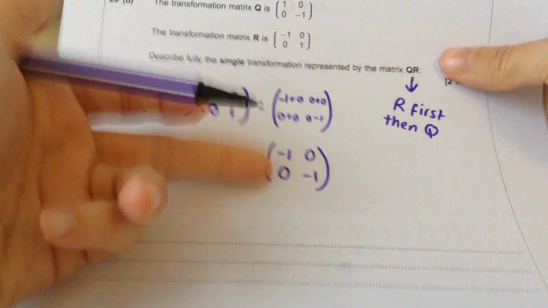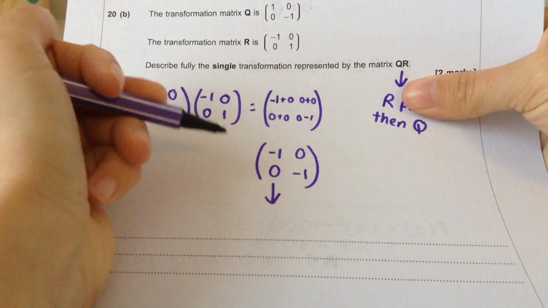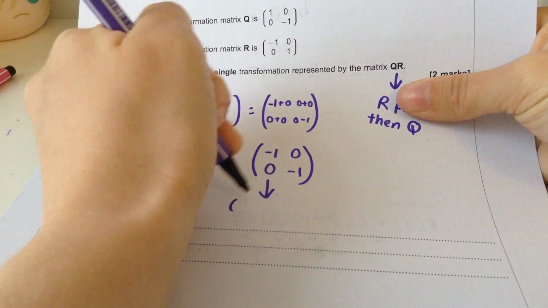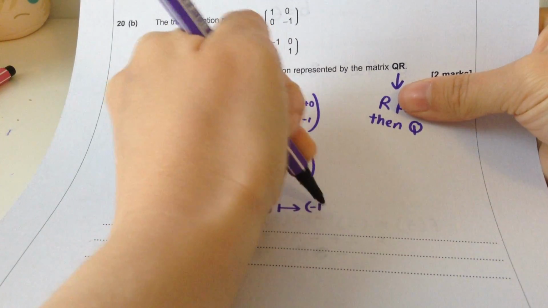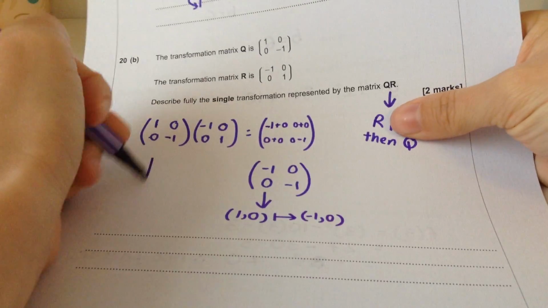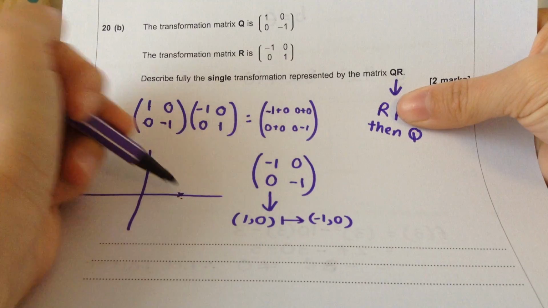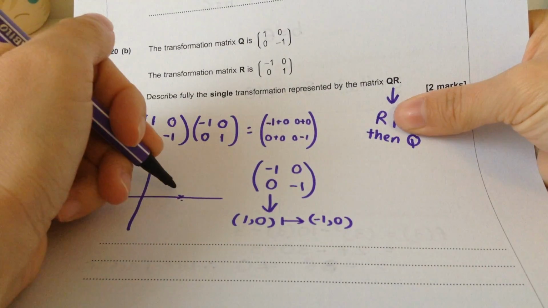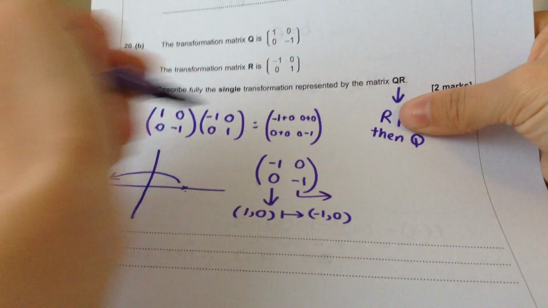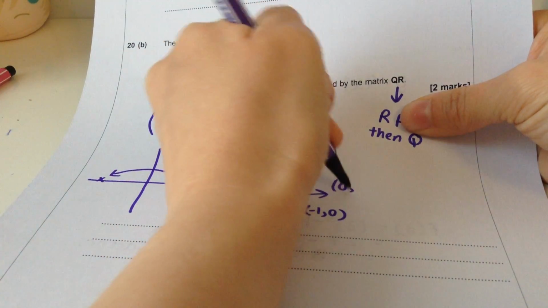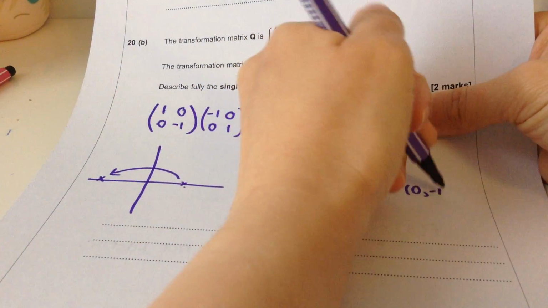Okay, now let's think of the transformation. That column tells us that 1, 0 will be mapped to minus 1, 0. So the point 1, 0 will be mapped to minus 1, 0. So it's going to go over there. And this column tells us that 0, 1 will be mapped to 0, minus 1.